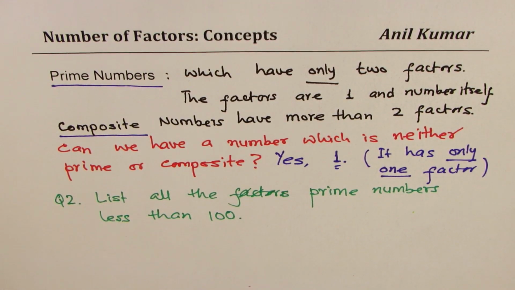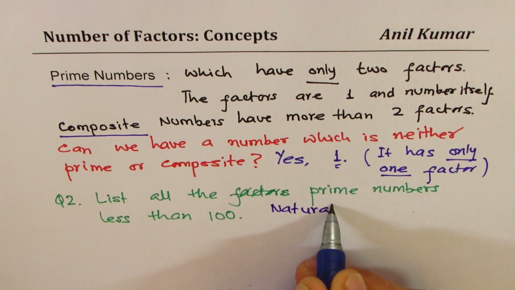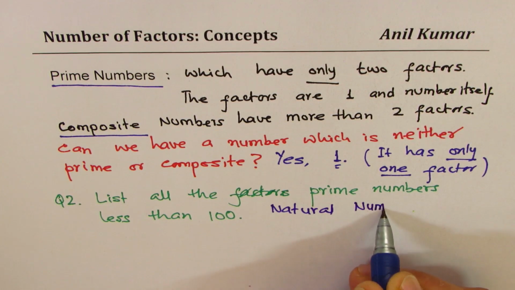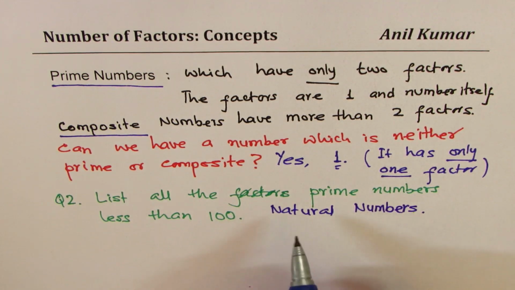So what you notice here is we are not saying which set of numbers, right? We are not saying real numbers, integers, and all those things. Remember one thing. In this topic, we are considering the set of natural numbers, right? So we are talking only about natural numbers.